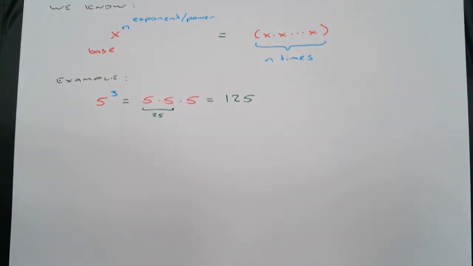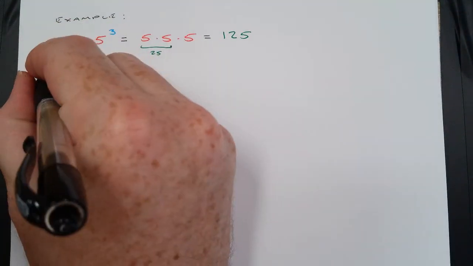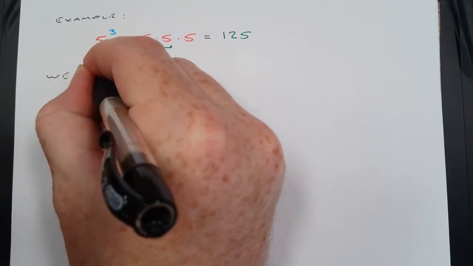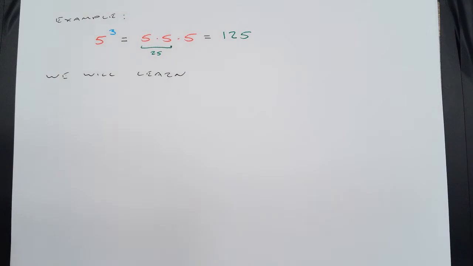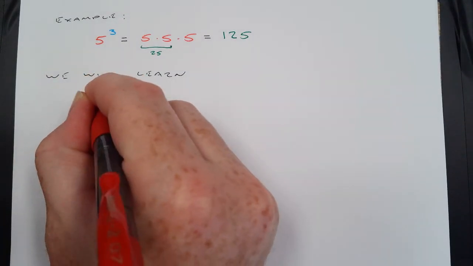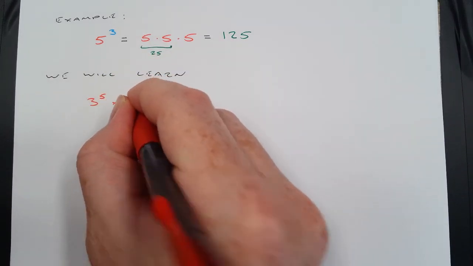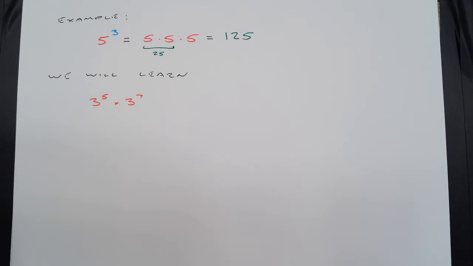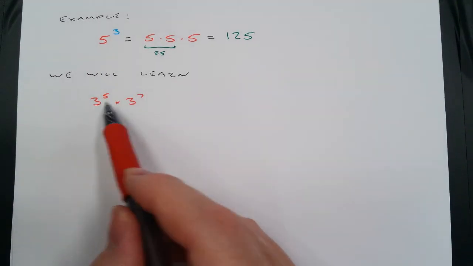Moving down our page a little bit. Today, we will learn about questions that look like this. 3 to the 5th times 3 to the 7th. So what happens if we're multiplying 2 exponents together?